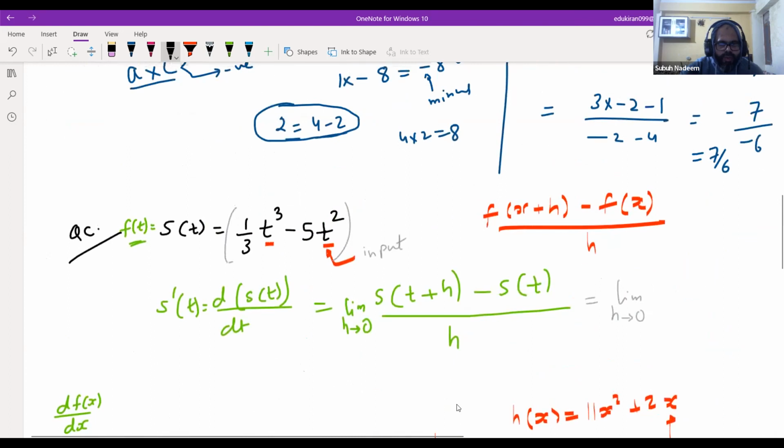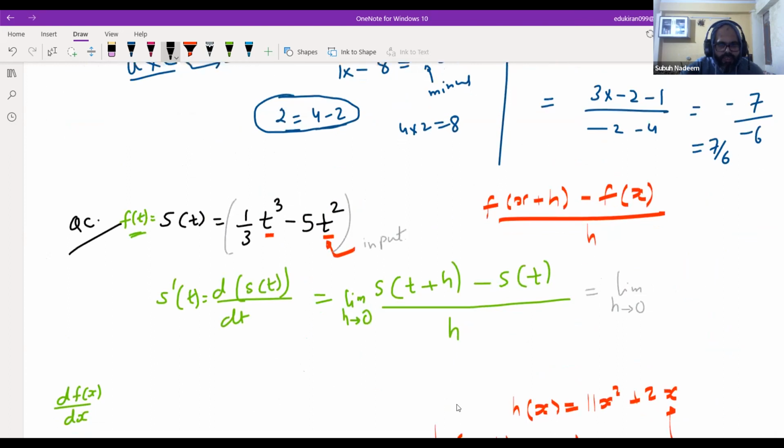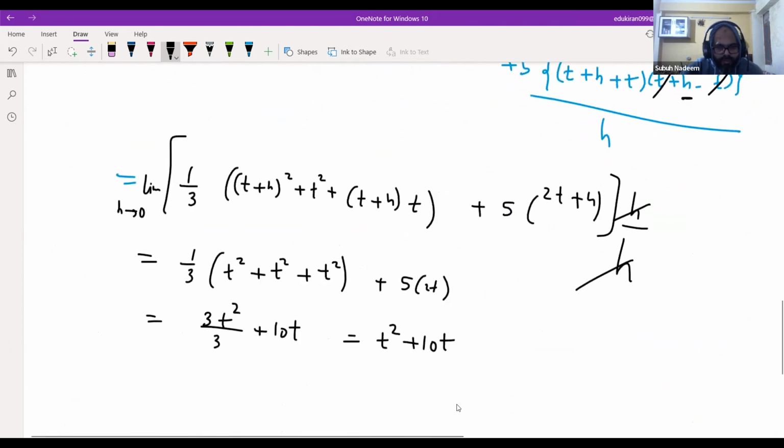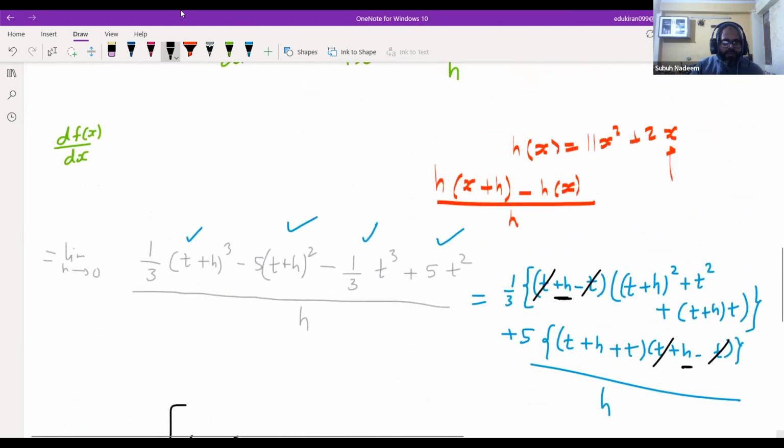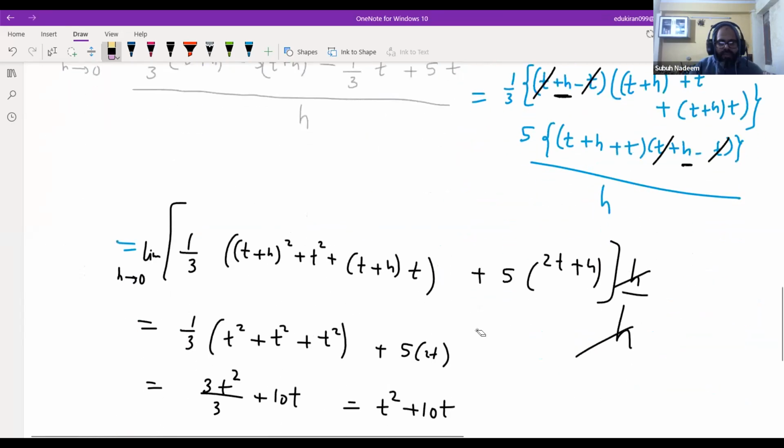So t square minus 10t it should be. Have we done a plus minus mistake anywhere? Yeah, here it was minus. Now, minus 5 (t plus h) whole square. So this is minus. Here also we have to put minus. Here also, here also. Here minus and here minus.